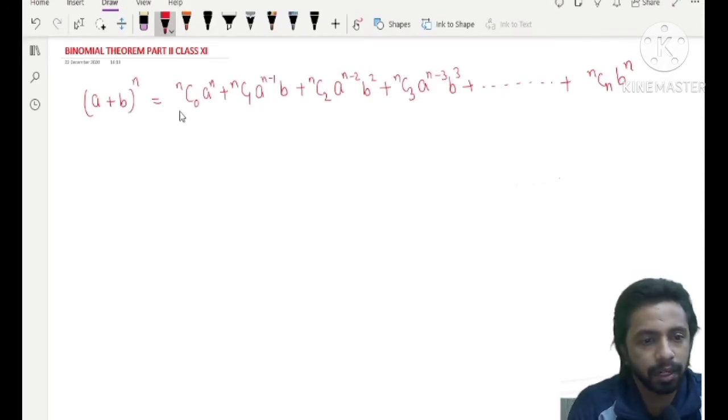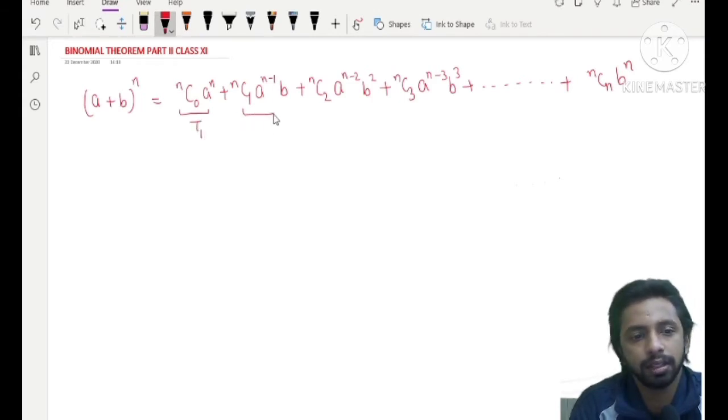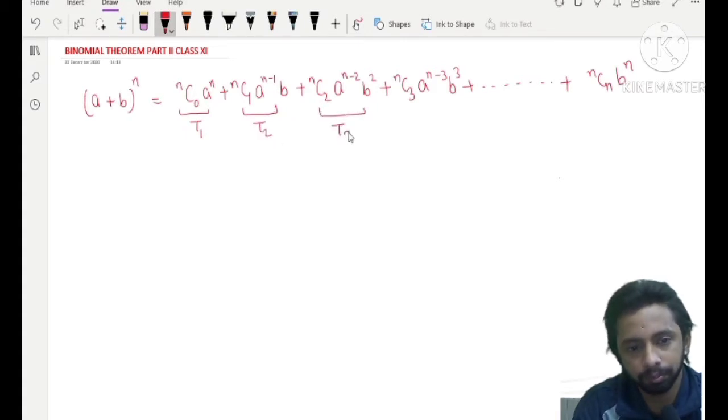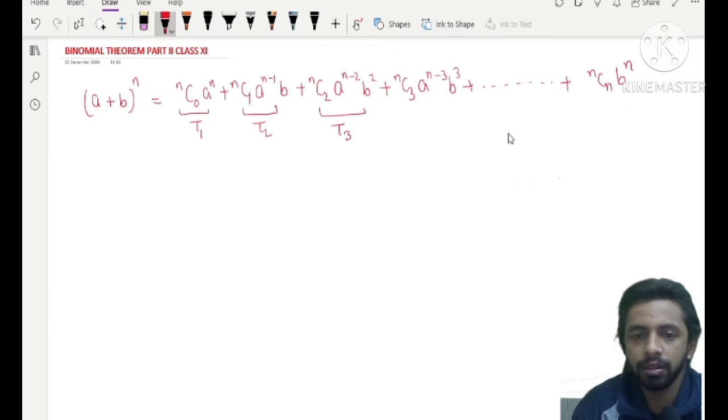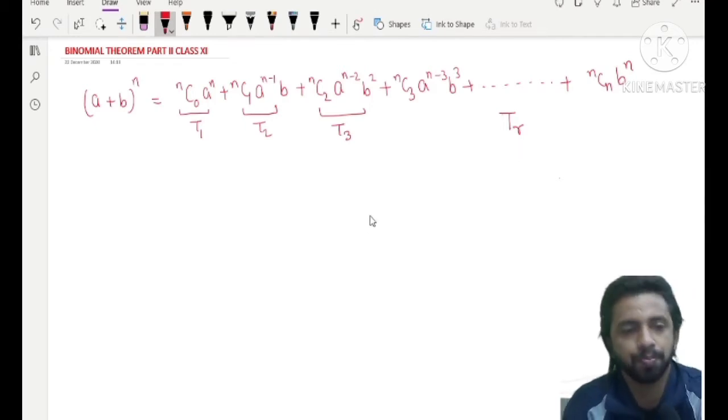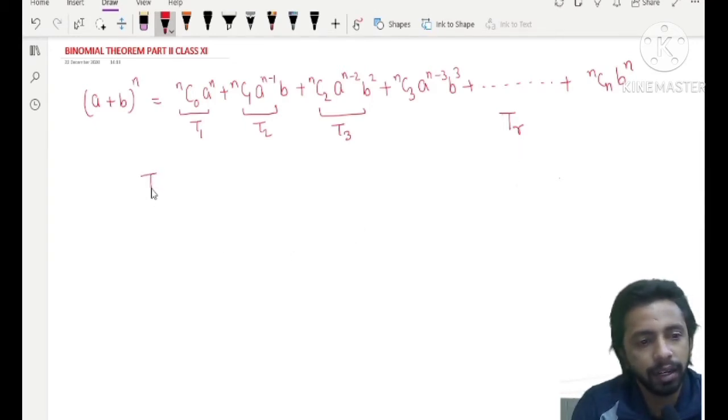So it is clear from here that this is the first term. Let us mention it as t1. This is the second term. This is the third term, and so on. We can find a general way of representing the rth term also. If I write the first term t1, it is nC0 a to the power n. b is not there in the first term.